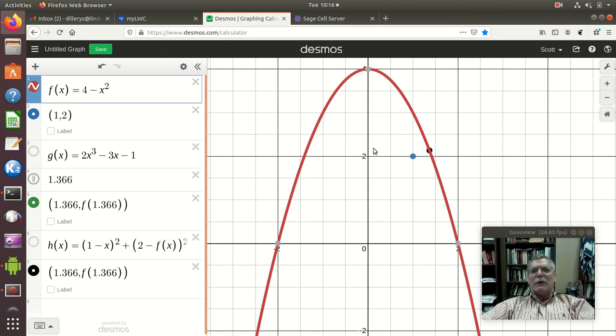Just show my function here, f minus x squared, and show the 1, 2, and show my answer here of the 1.366, and get that way, right?